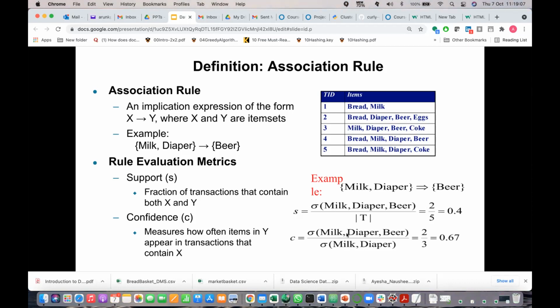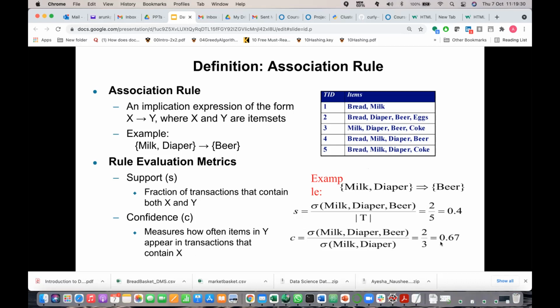This is the support of the entire item set, so count how many times you get milk, diaper and beer: 2 times, already counted. Then what is the support of milk and diaper? Count from here: 3.